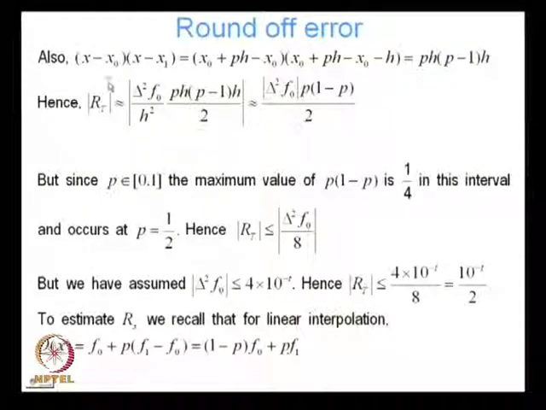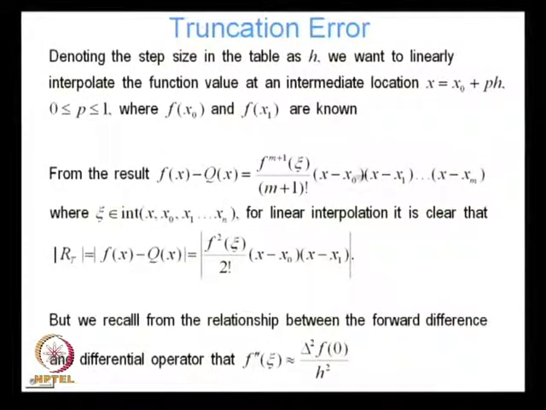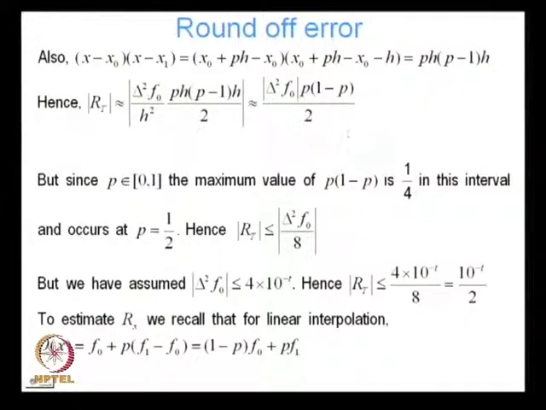but before that I want to get an expression for this term in terms of p and h. So x minus x0 times x minus x1 is equal to x0 plus ph minus x0, times x0 plus ph minus x0 minus h.